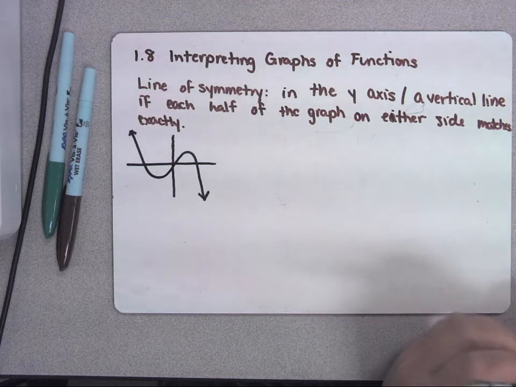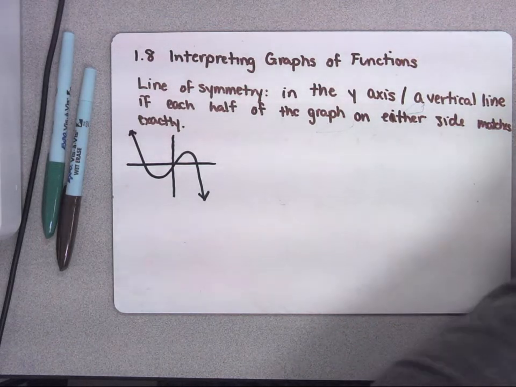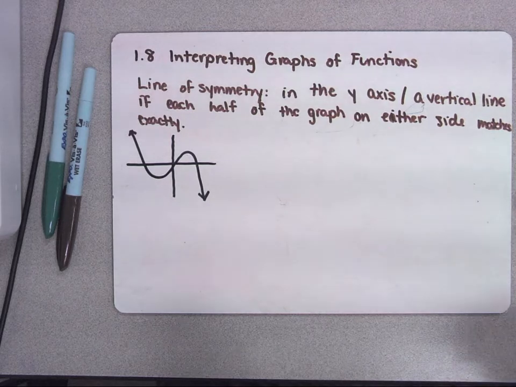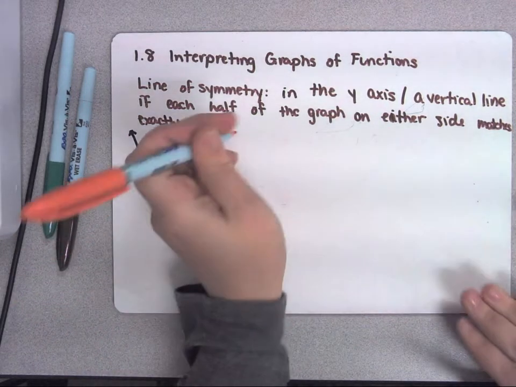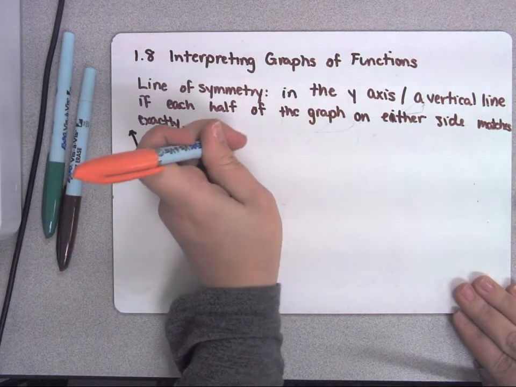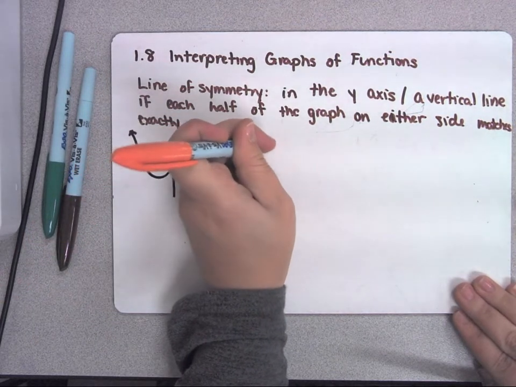Bless you. Threw away my red marker. What a day. Okay. First thing is we want to talk about when a graph is positive versus when a graph is negative.